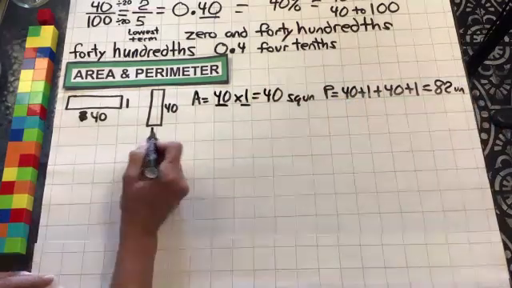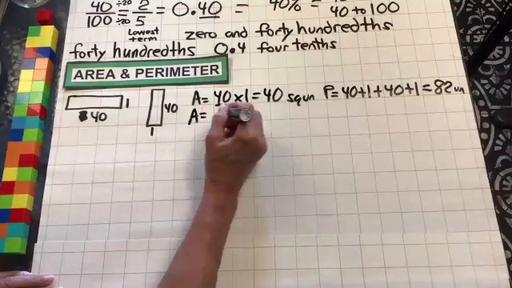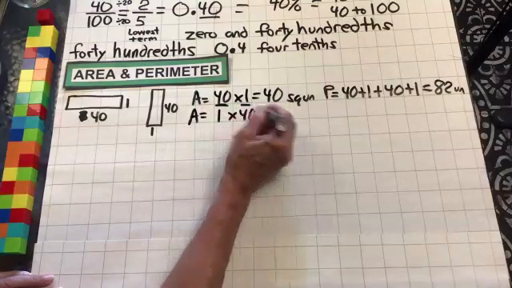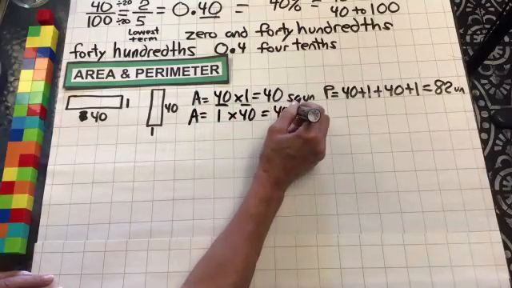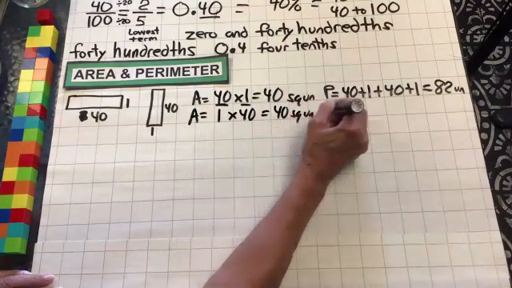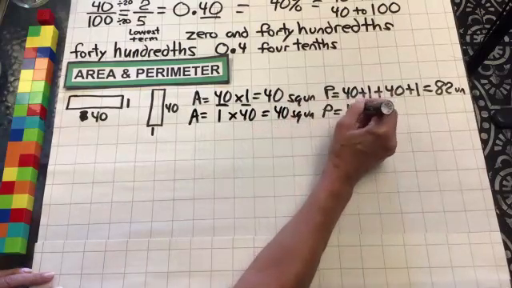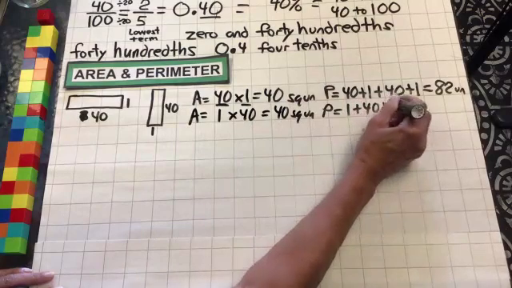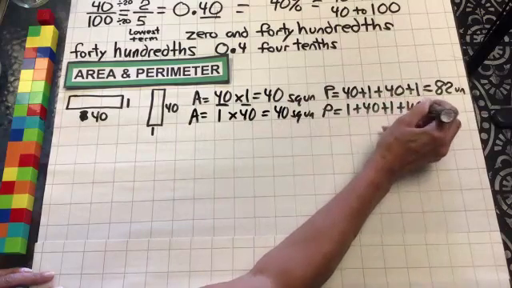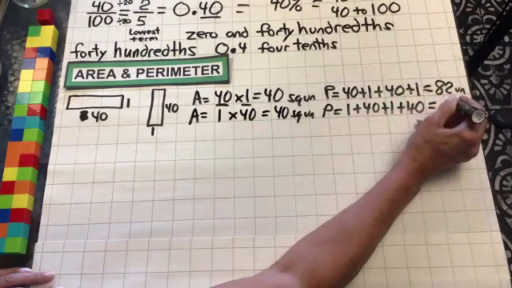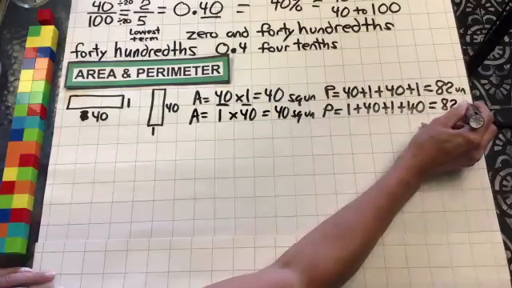All right, let's go for this one. 1 by 40, which equals 40 square units. The perimeter on that one would be 1 plus 40 plus 1 plus 40. All we did was change the order, and that would be 82 as well.